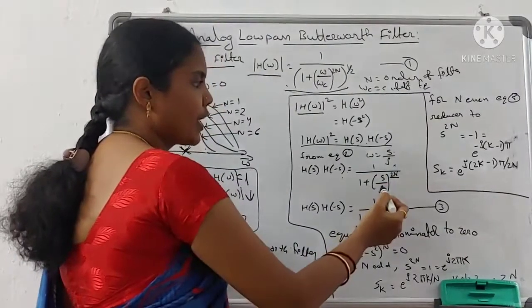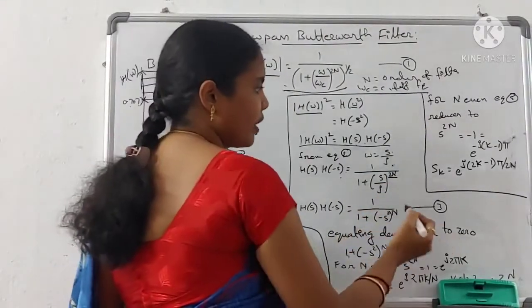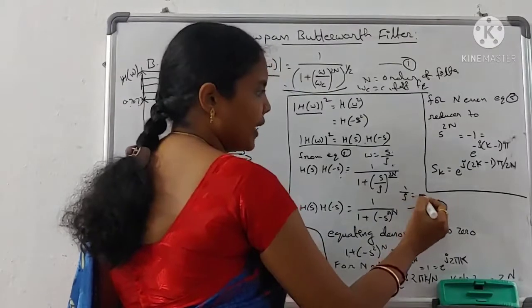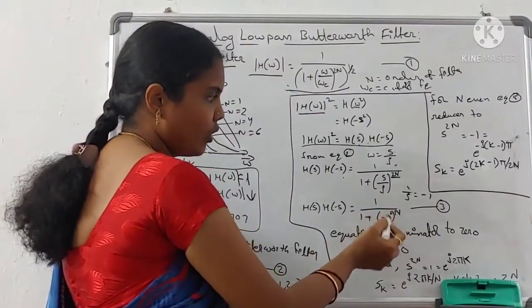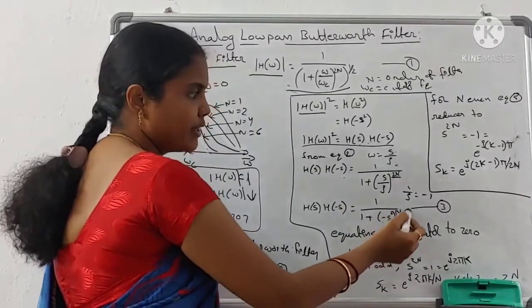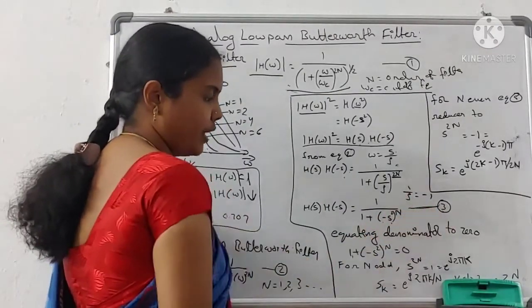What is the value of 1 by j? Minus 1. So that is (minus 1 square) whole power n. Call this equation 3.